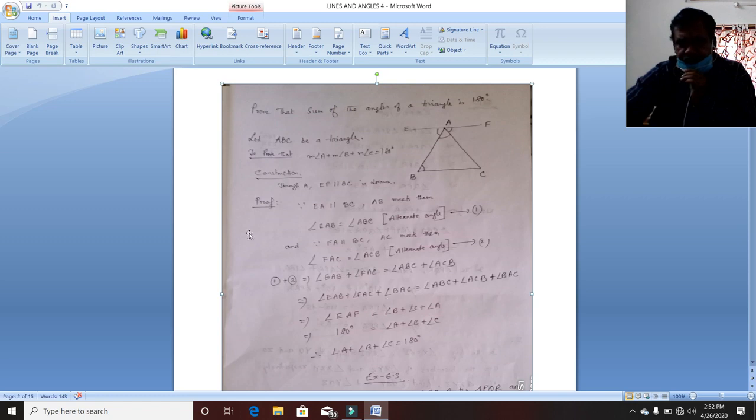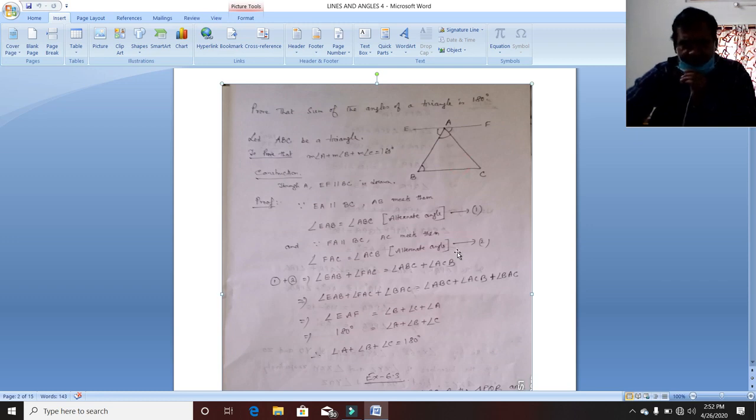Now the proof. EA is parallel to BC. Now you see angle EAB equals angle ABC. These are alternate angles. Again you see EA is parallel to BC and AC meets them. So EAC equals what? ACB.